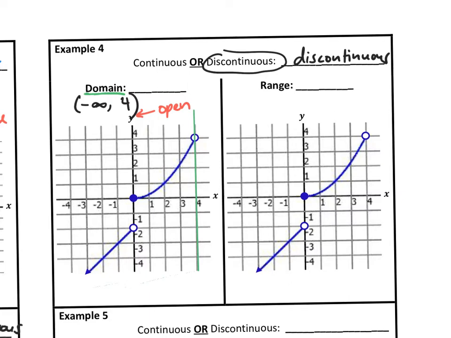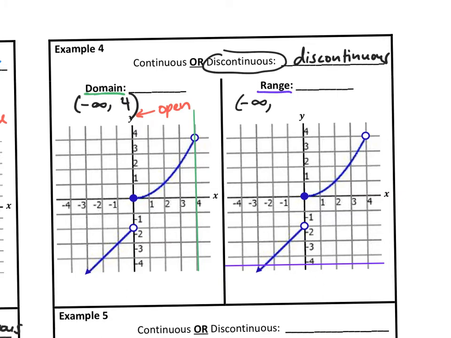Okay, now let's look at the range. So now we're going to put our spaghetti stick horizontal and then scan from the bottom to the top. Okay, so as I'm scanning from the bottom, I have an arrow, that means it's going towards negative infinity. Oh yes, I'm using purple, right?